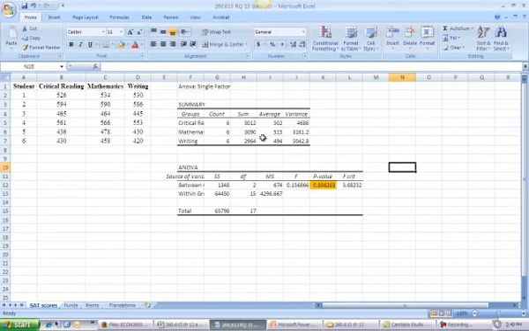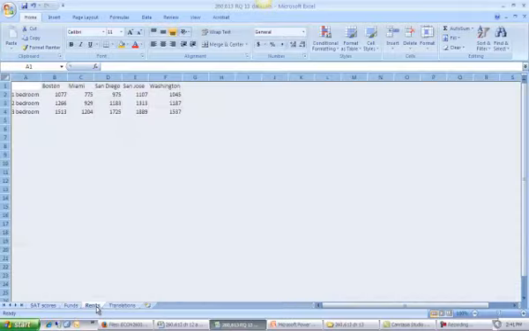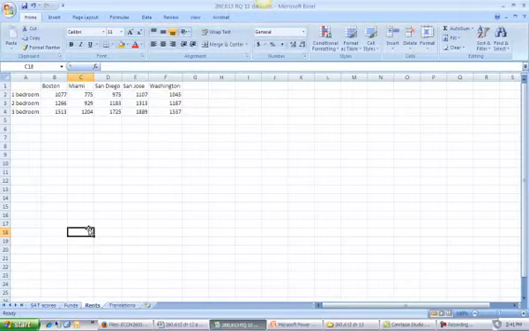The next example that we are going to look at is a 2-factor without replication, and that is actually number 42 in your textbook, using the rents data set.